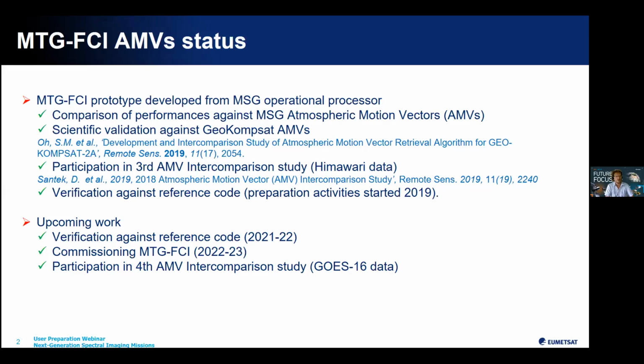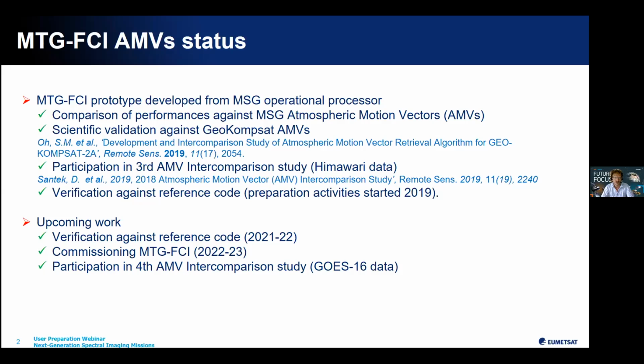So we start with the MTG FCI algorithm. The prototype code has been developed from the MSG operational processor, and comparison of the performance has been done against the MSG atmospheric motion vector operational algorithm. Scientific validation has also been done using GeoKompsat data and in collaboration with colleagues from KMA.